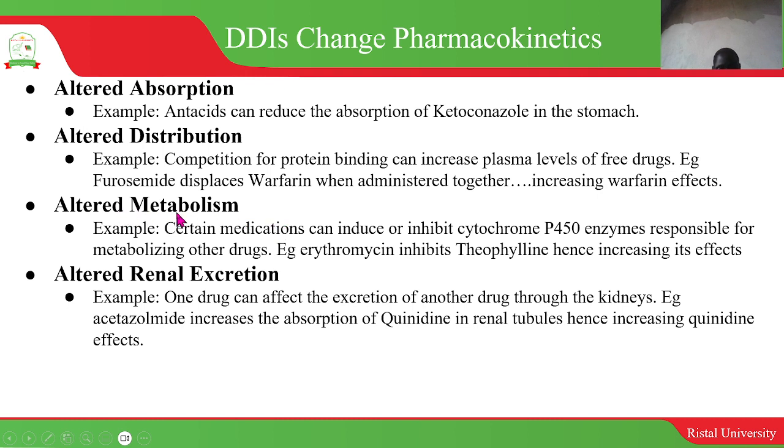Again, let's look at how interactions change with altered metabolism. Certain medications can induce or inhibit the cytochrome P450. These are the liver hepatic enzymes that are responsible for the metabolism of many of the drugs that we take. They are responsible for metabolizing other drugs. At the same time, they are also responsible for metabolizing many toxic substances, including even alcohol.